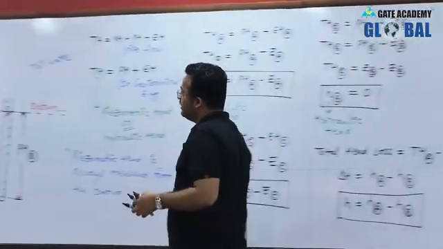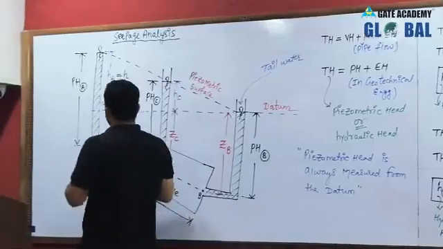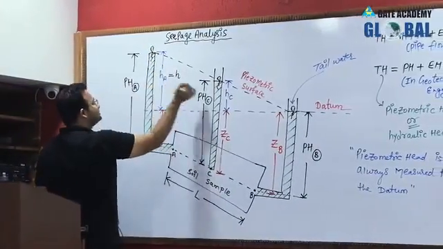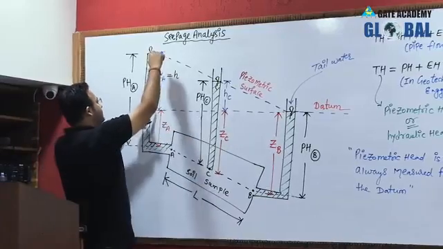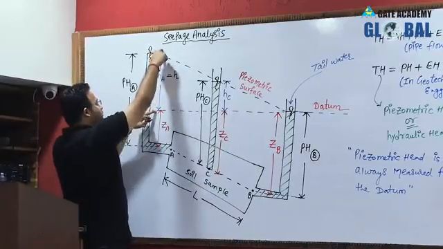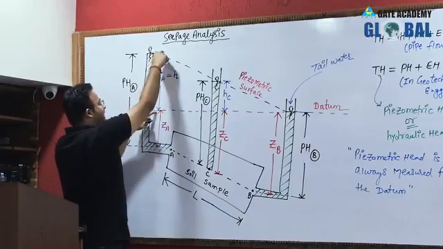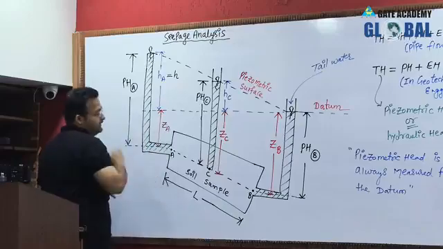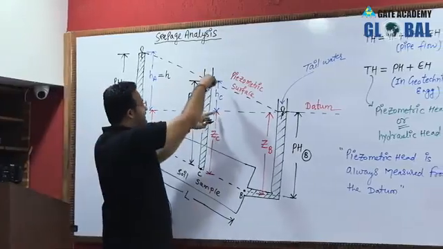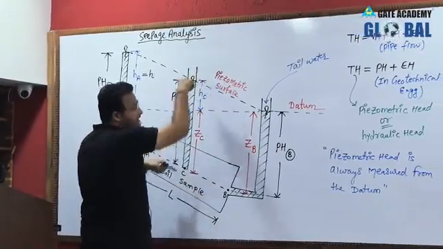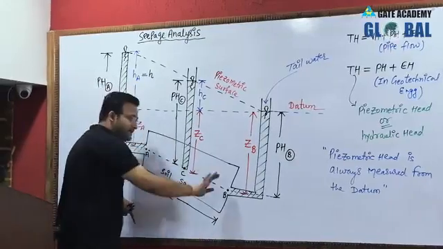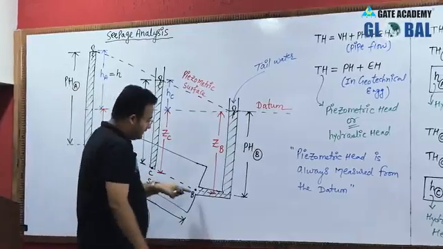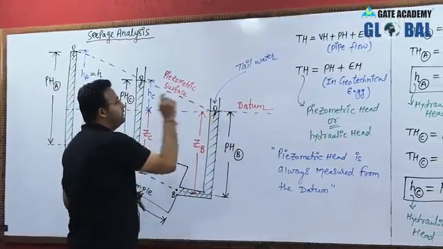So what is the available head here at A? It is HA. Of course it is equal to the head difference, but it is HA. So HA into gamma W is the seepage pressure at point A. What is the available head here? HC. So HC into gamma W is the seepage pressure at C, in the direction of flow A to B. And at B, what is the available head?